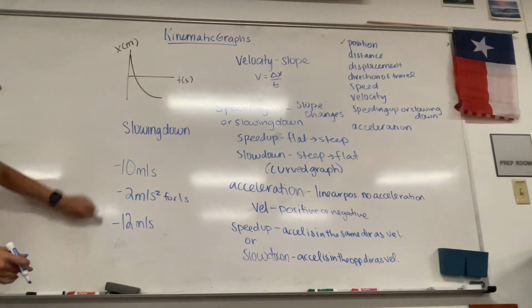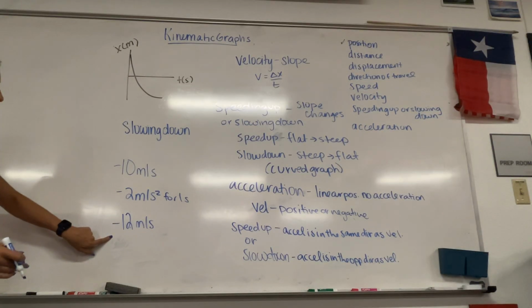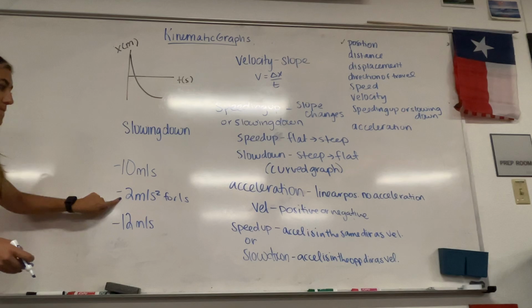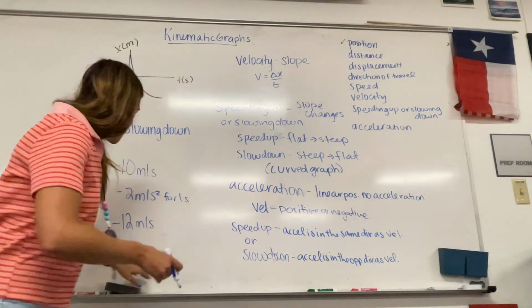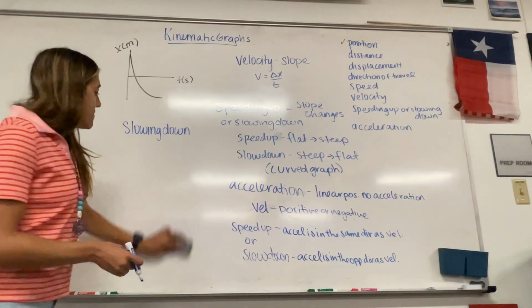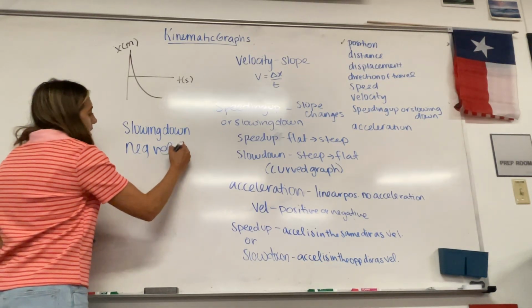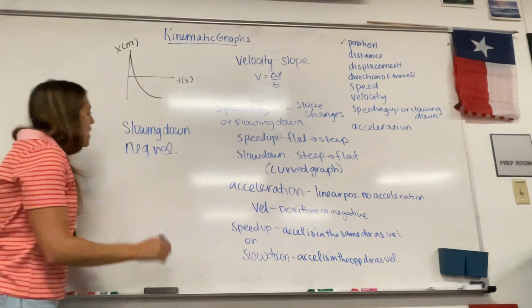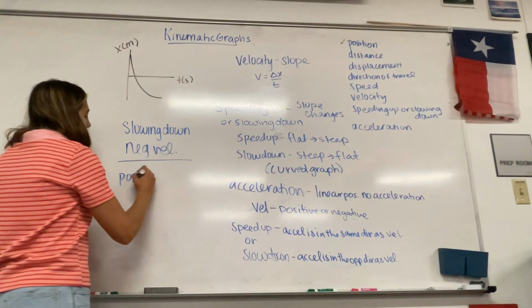Just like this. I'm speeding up because I went from -10 to -12, right? So I had negative acceleration to make that happen. If I'm slowing down, I have opposite. So, since this is slowing down with negative velocity, I know that because my slope, hey look, is negative. Wow. So I'm slowing down with negative velocity. That means my acceleration is positive.